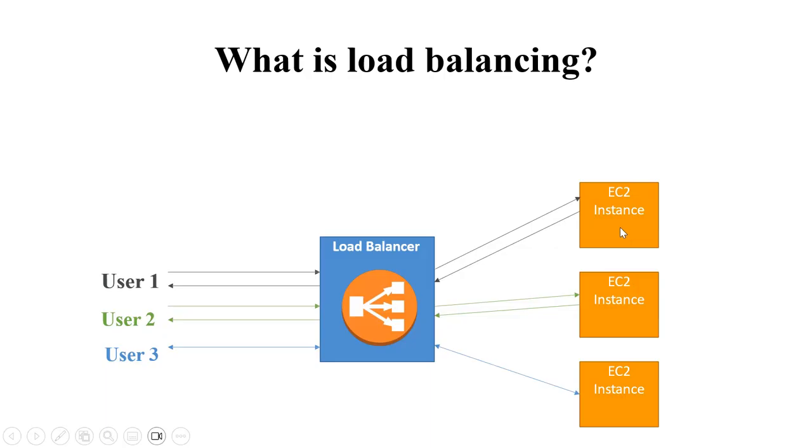Maybe the EC2 instance is reachable, but the port 80 service is down. Then even if I route the request, the EC2 instance cannot handle it, because the service has to handle it. So health checks are always done not at the EC2 level, but at the service level on the EC2 instance. That is important.